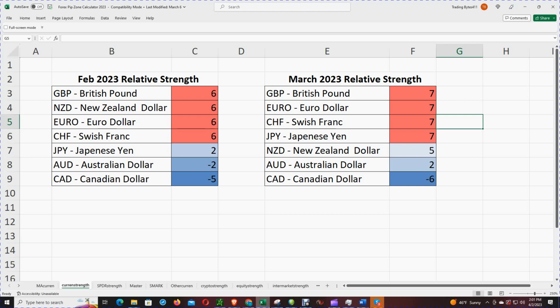We do see a change of 1 plus 1. The yen has actually increased from a 2 to a 7. The Canadian dollar remains the weakest.